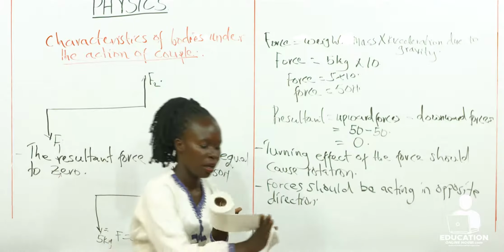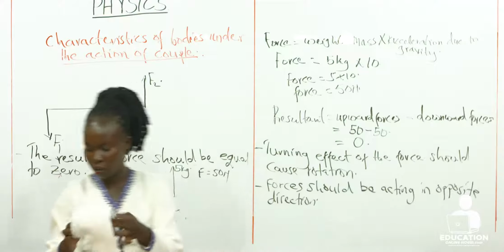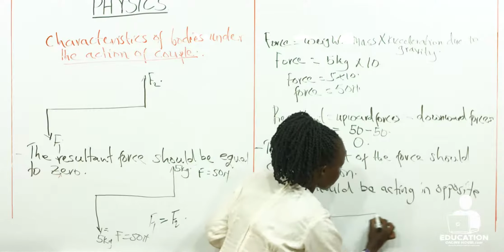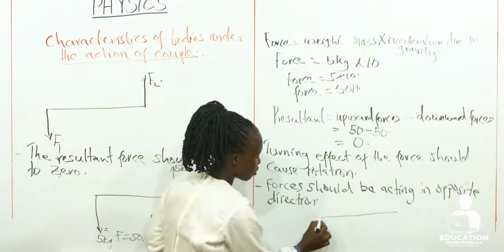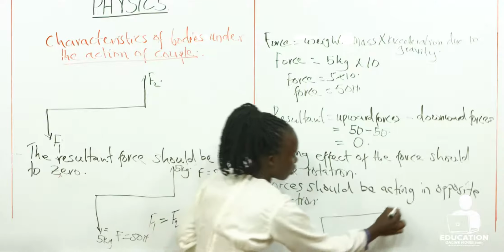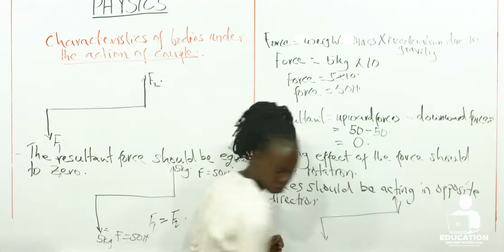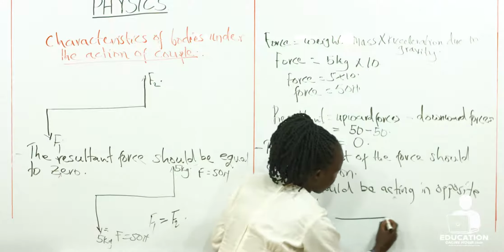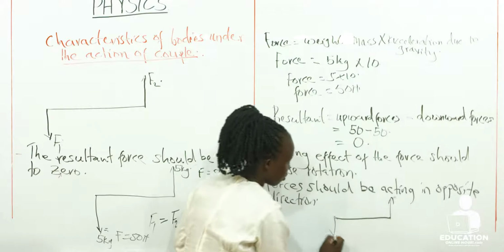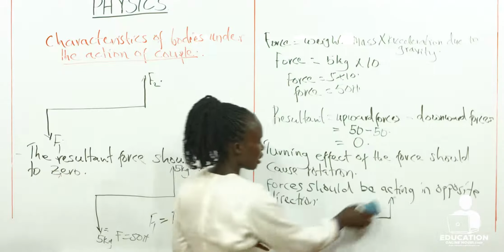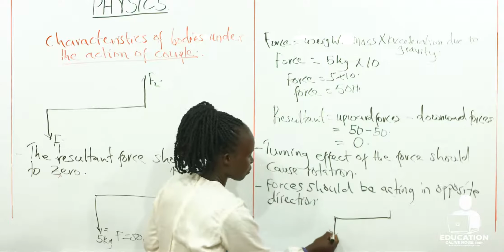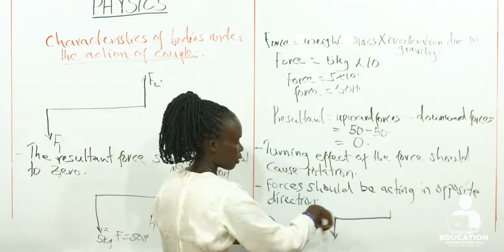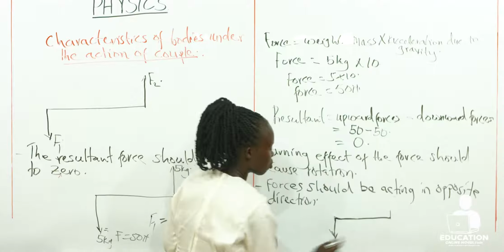Or, let's look at it on the chalkboard. We have this. That is where we are applying the force. So as you're pulling this, let's first take this one. When you pull this, it will keep on rotating this meter rule here, or whatever this object is.